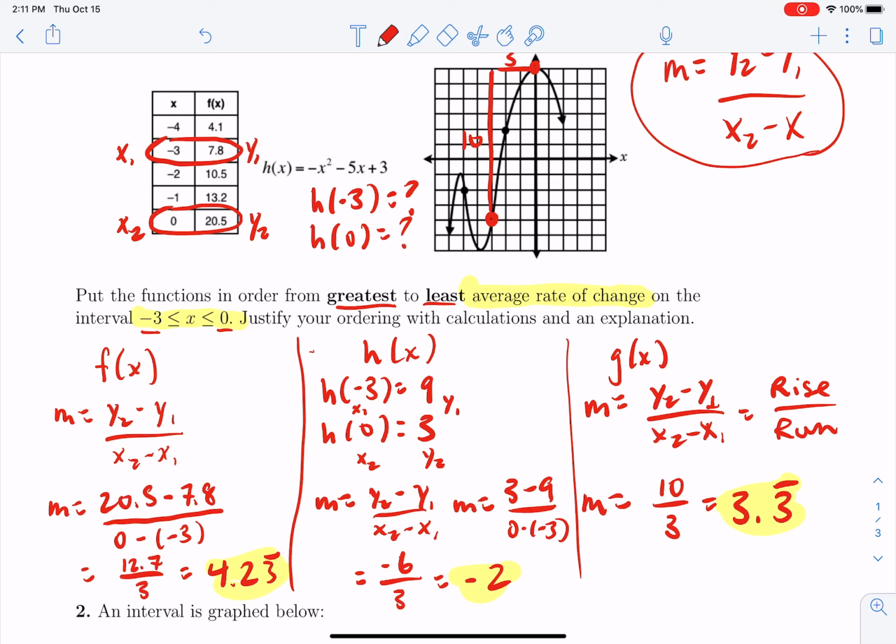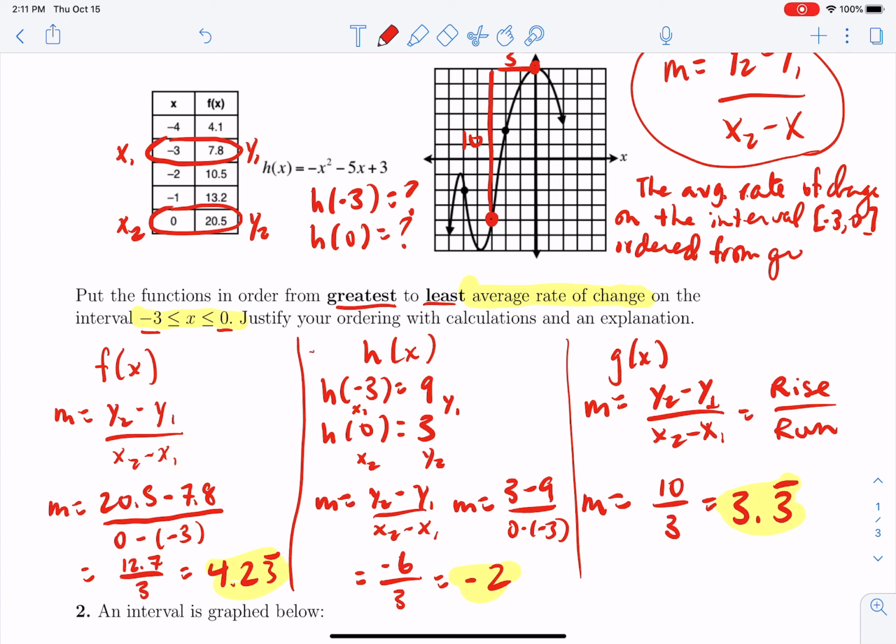So the average rate of change on the interval negative 3 to 0, ordered from greatest to least, is f of x, then g of x, then h of x.